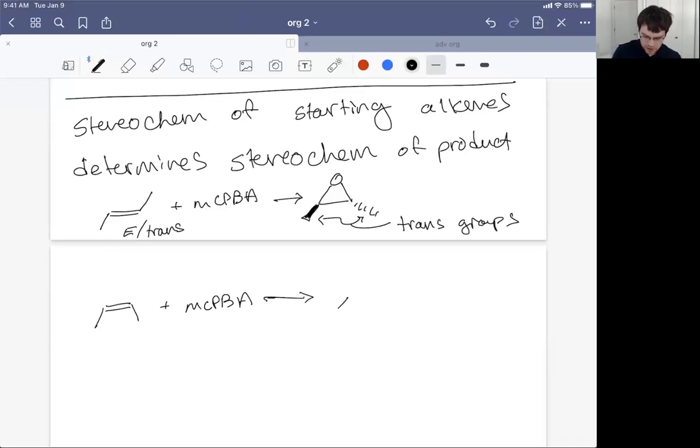So if we add MCPBA to this, we would get here and here, plus, and due to symmetry, these are the same. And so we get both combinations of trans or both combinations of cis if we start with something that is known to be only cis or only trans.